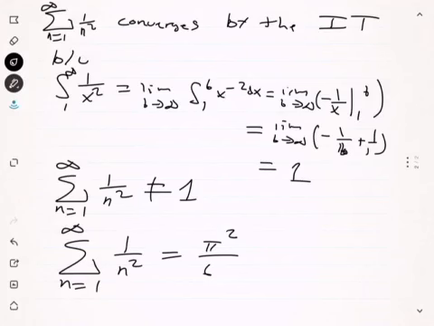Basically when you take advanced calculus, they use Fourier trigonometric series to show that. But at least we know that the series converges by the integral test, but not to the same value that the integral converges to.